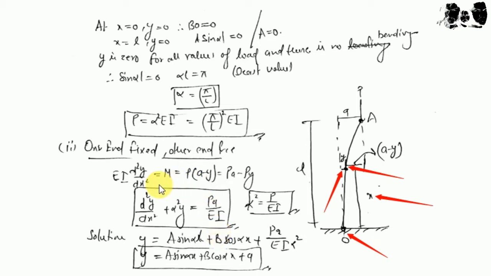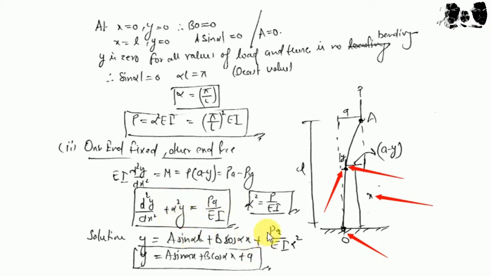Then how to solve it? If we have a differential equation in this form, then the solution is this way: y is equal to A sin alpha x plus B cos alpha x plus Pa upon EI divided by alpha square.